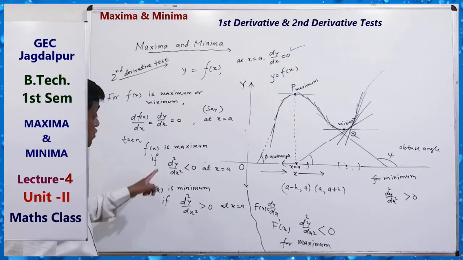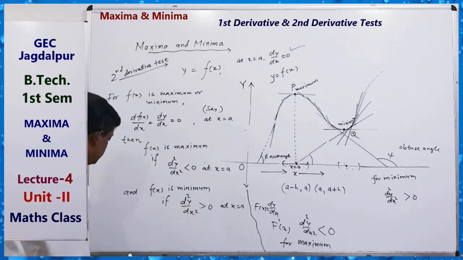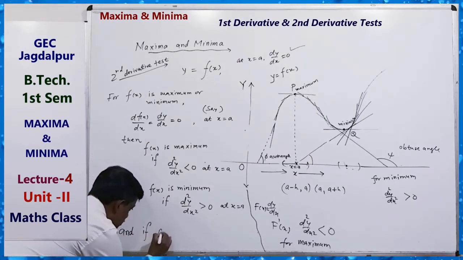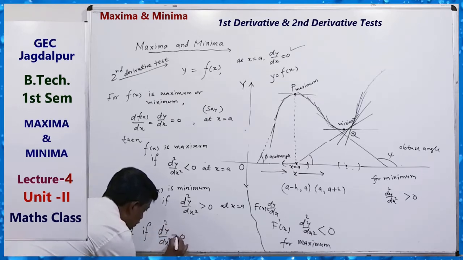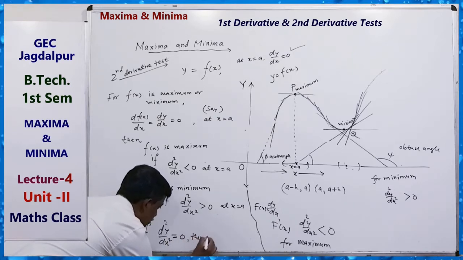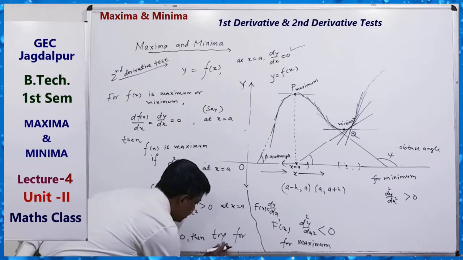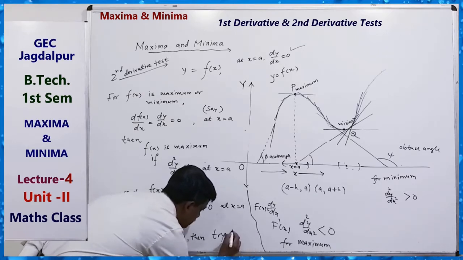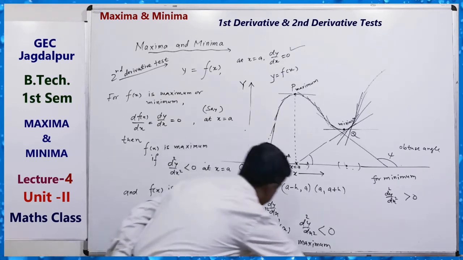If the second derivative is equal to 0, then it is not decided. Then try the first derivative test.